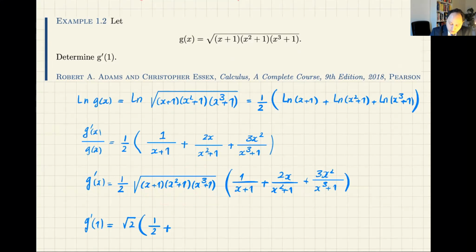If I put 1 in the next one, it becomes 2 divided by 2, which is 1, so let me write 2 over 2. And the next one, if I put 1, it becomes 3 over 2. And then if I add them, 3 plus 2 plus 1 is 6, divided by 2 is 3. So you see, I'm able to calculate this quite fast.